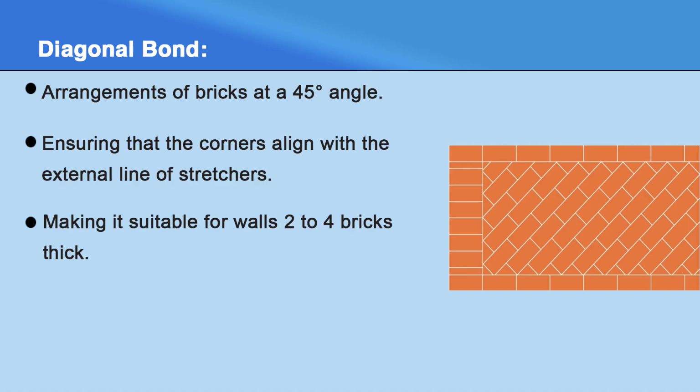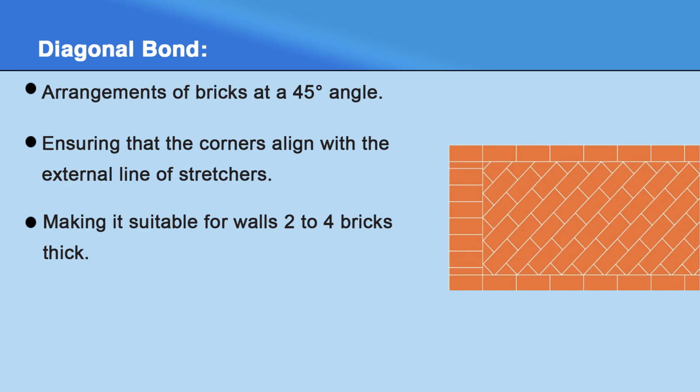The raking bonds are primarily of two types, the diagonal bond and herringbone bond. The diagonal bond is a method where bricks are laid at a consistent 45-degree angle to the horizontal plane. This is particularly effective in walls that are between 2 to 4 bricks in thickness.